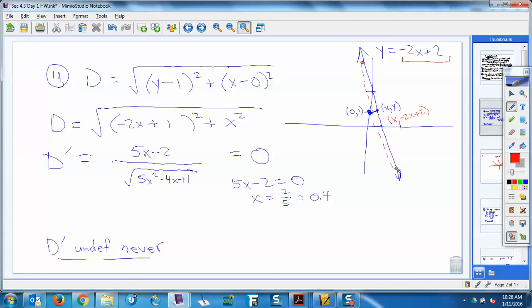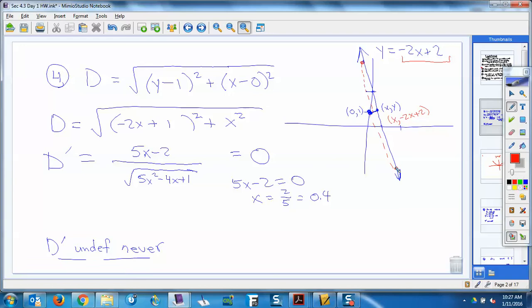And according to this picture, if X is towards negative infinity, those points are getting farther away from 0, 1. When X goes to positive infinity, they're getting farther away from 0, 1. And so at 0.4, that will be the point that is the closest to 0, 1. So a paragraph almost, a sentence or two, could tell you the answer to this.